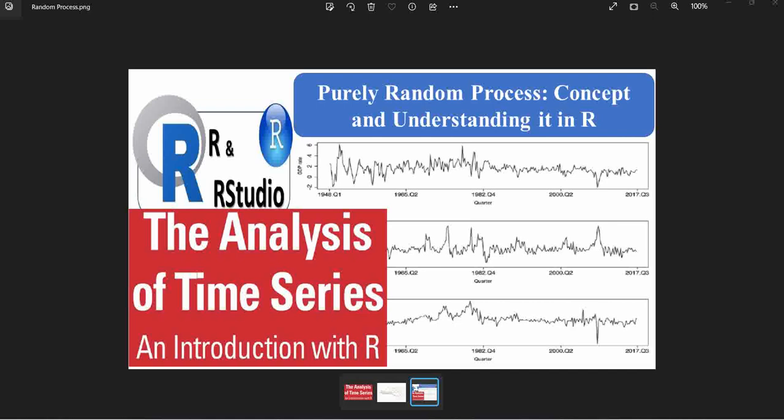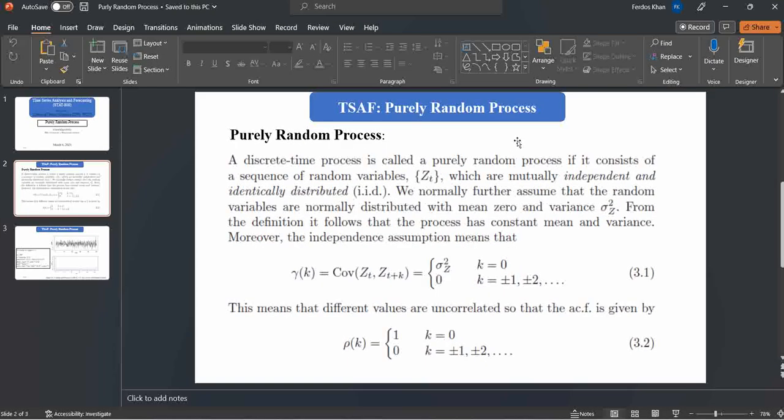Okay, so let's move to the theoretical concept of the purely random process. A discrete time process is called a purely random process if it consists of a sequence of random variables zt, which are mutually independent and identically distributed.